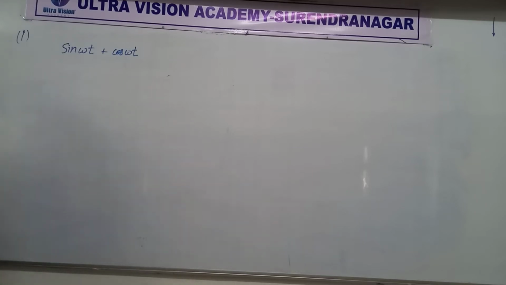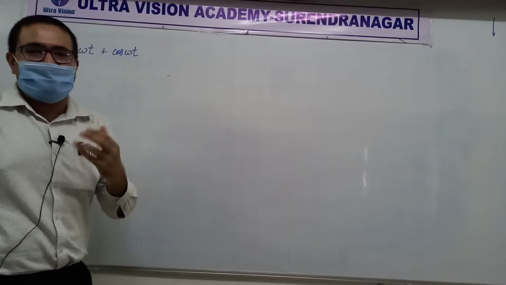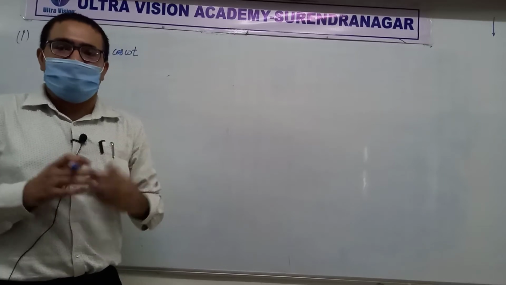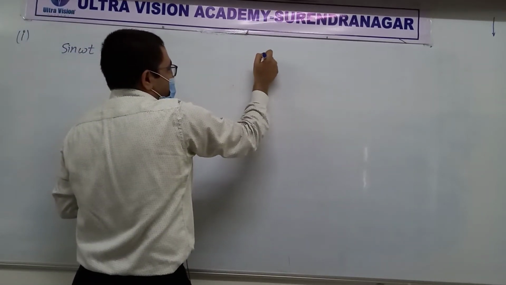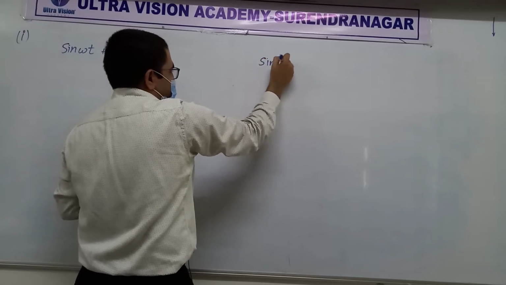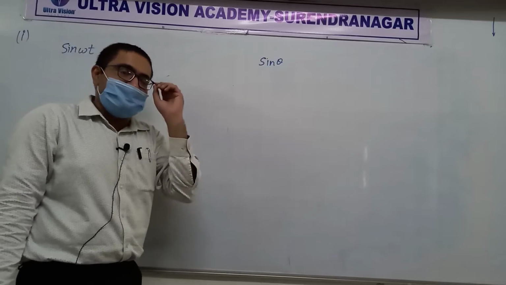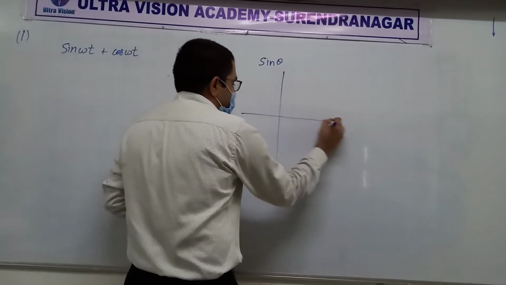Now you see, the idea here is very simple. Some kinds of mathematical equations are such where values get repeated. Let's take an example. Suppose I take sine of theta. We are going to revisit the unit circle that we have learned earlier.